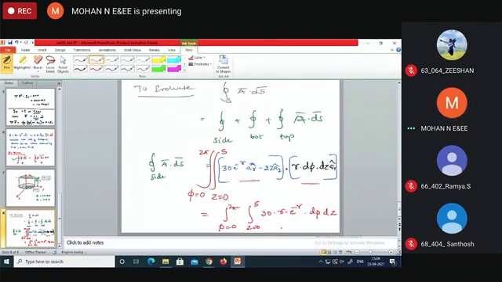If you simplify and substitute r equal to 2, you'll get 255.1. It is a scalar.